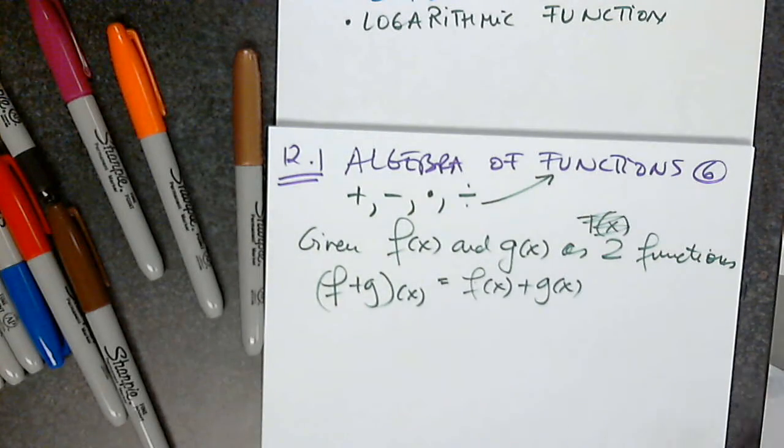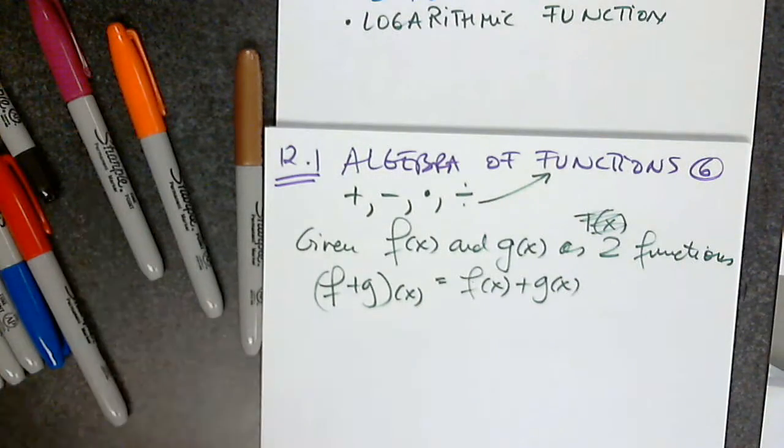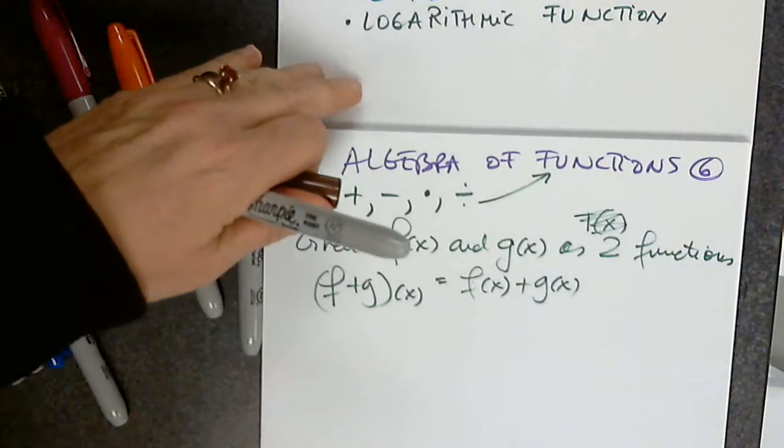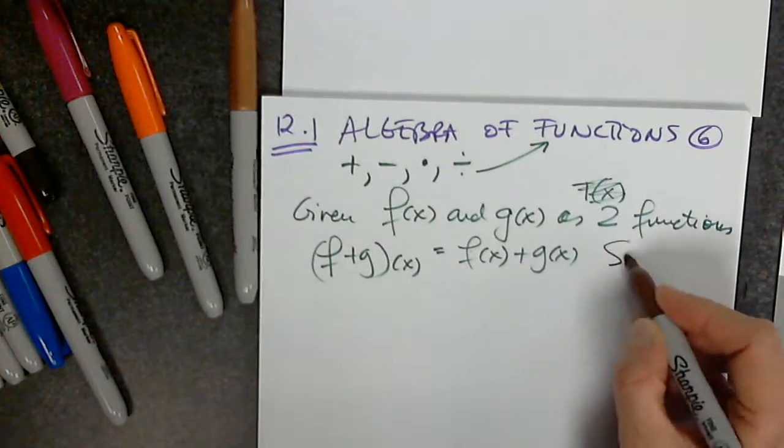If I'm given f and g, now you can write this. I just didn't want you to write that. So if I'm given f and g, and I'm told find f plus g of x, I don't need more information. It's self-explanatory. So given f and g as two functions, this must be the sum.